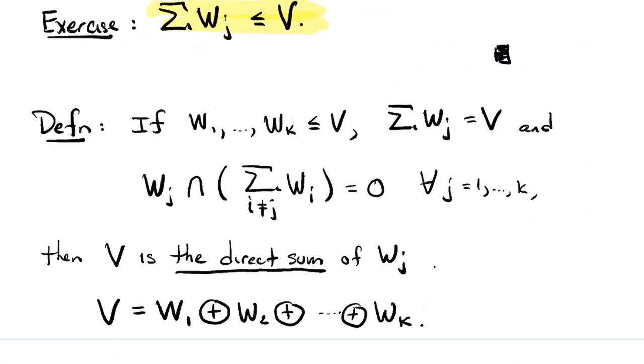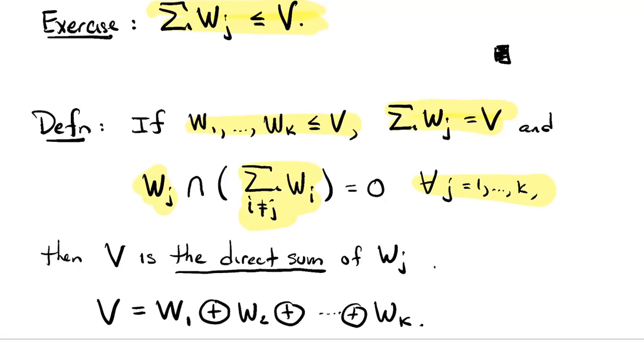Continuing here, take those subspaces W1 to Wk, and suppose that sum is the entire vector space, so when you sum them up, you get everything. And take any one of them, so for any j between 1 and k, you intersect that one with the sum of the others.